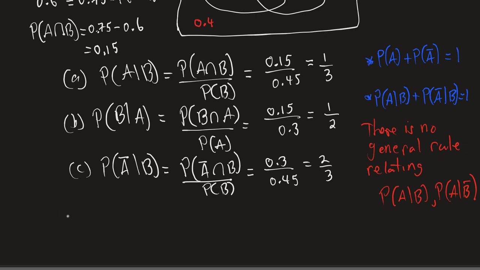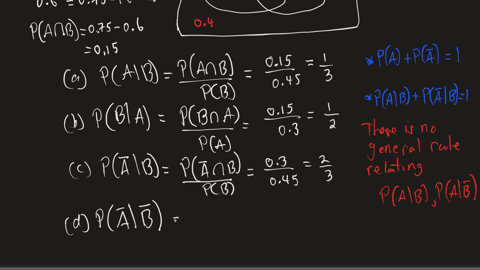Let's do one more example before we wrap this up. And our last one, what if we have something like the probability of A complement given B complement, right? So the way this would be read, we're measuring the likelihood that A will not occur given that B did not occur, right?